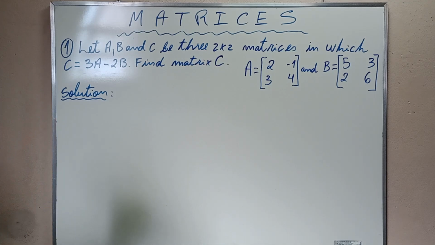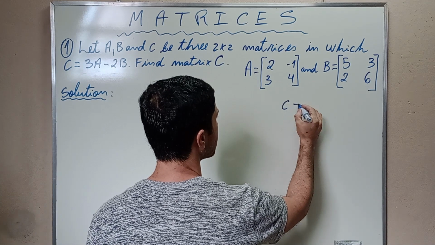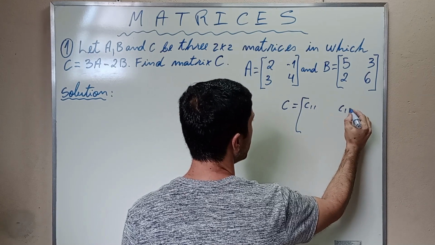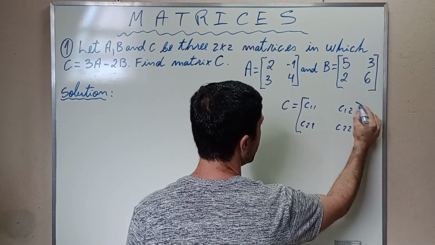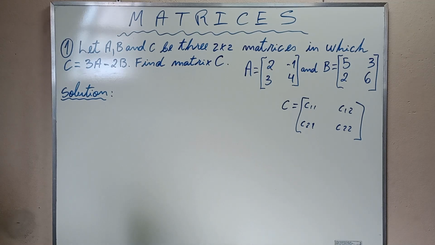Consequently, C will also be a 2x2 matrix. C will be C11, C12, C21, and C22, okay? This is how matrix C is. Let's find the matrix C.